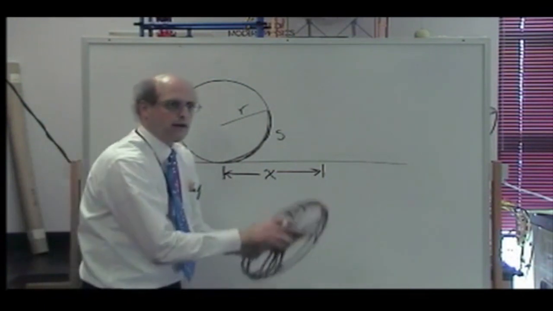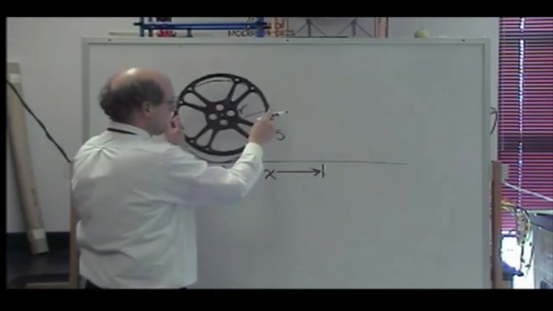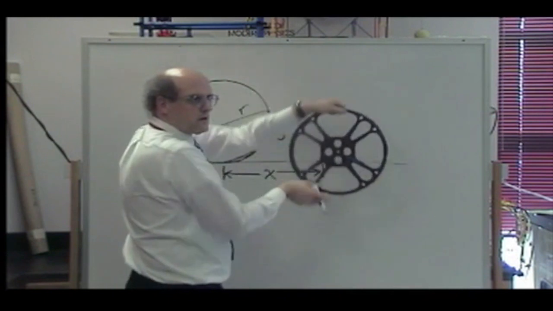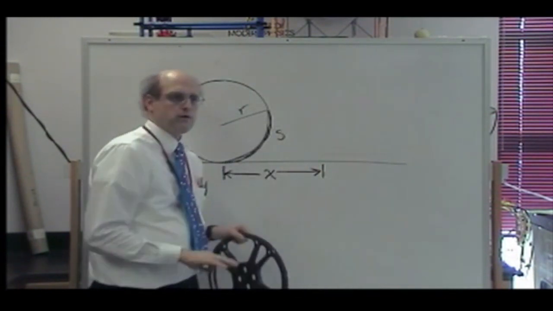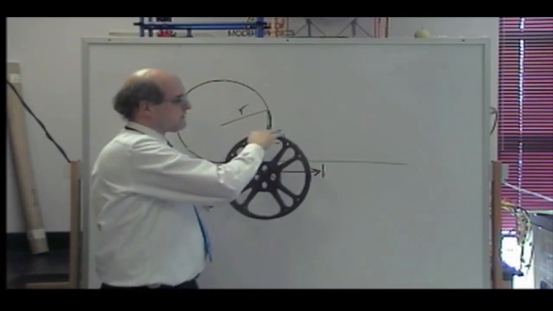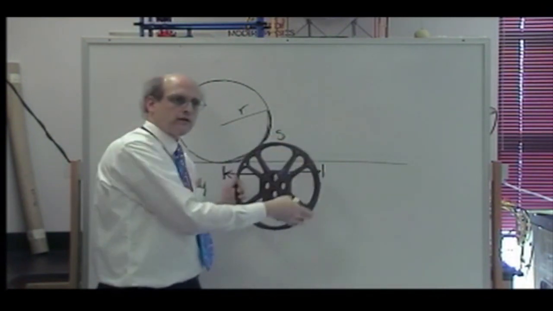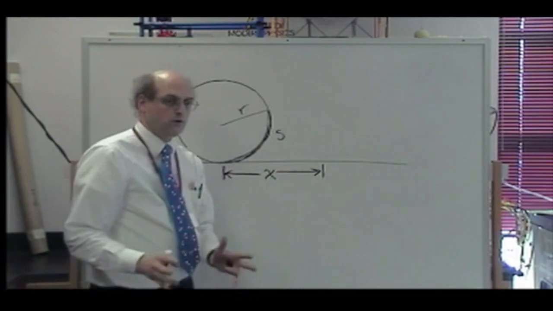You know, if you would put paint on this wheel and then roll it across the surface, the paint would leave a track. And the length of that track would be equal to the amount of arc length here that lost the paint if the wheel doesn't slip.